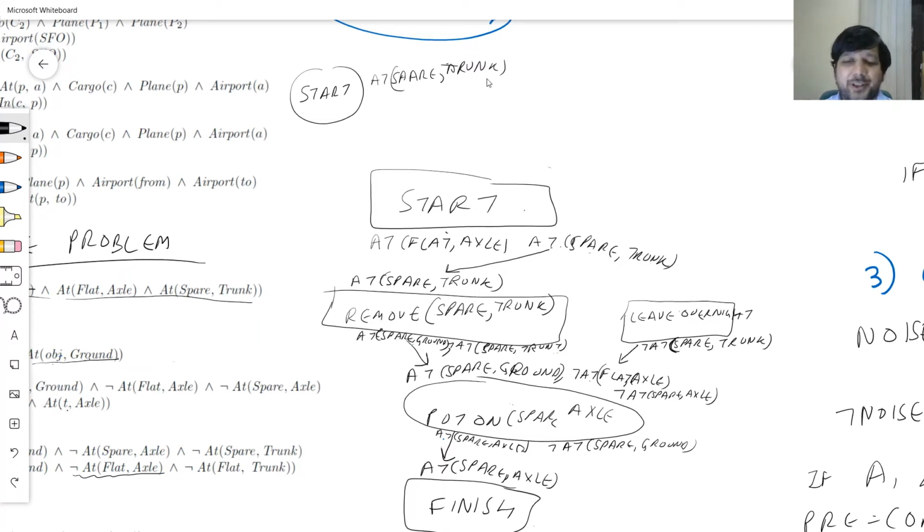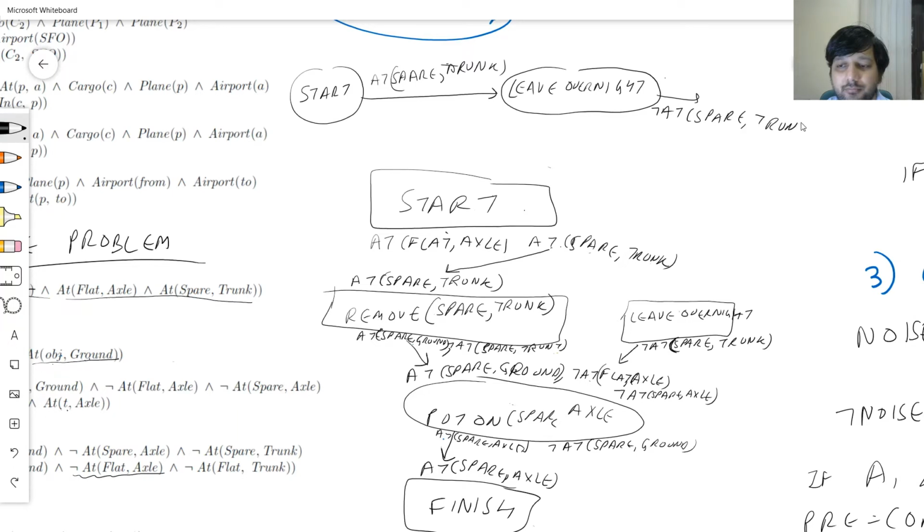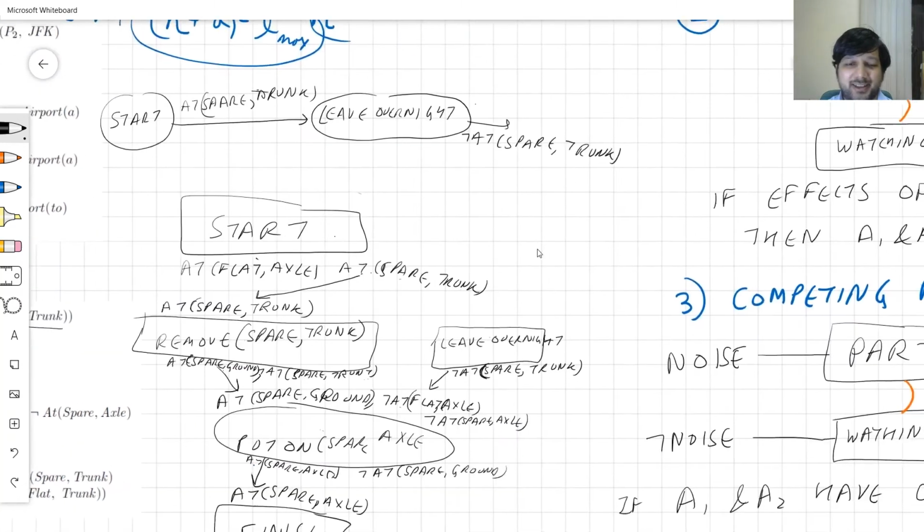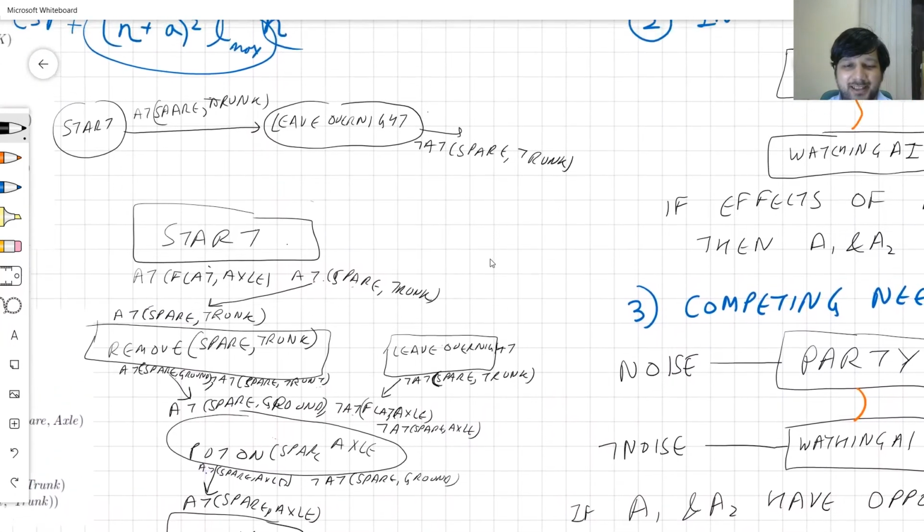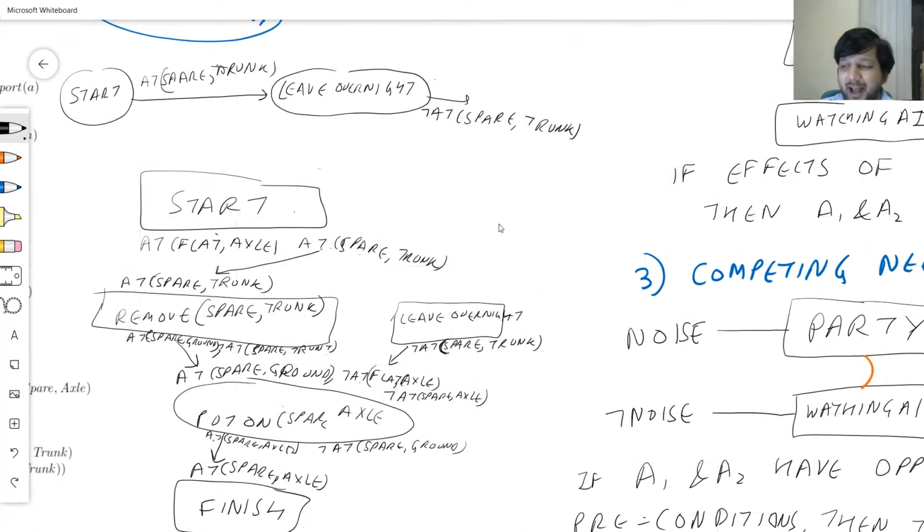I'll only chase what happens to this variable. Now I apply leave overnight. It has not at spare trunk. So something which was positive, at spare trunk, has now suddenly become negative. Now I apply the third action, remove spare trunk.